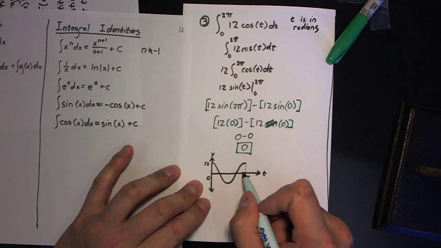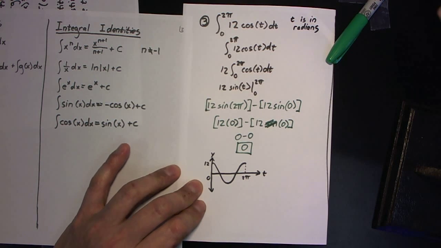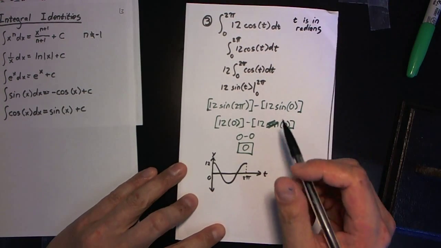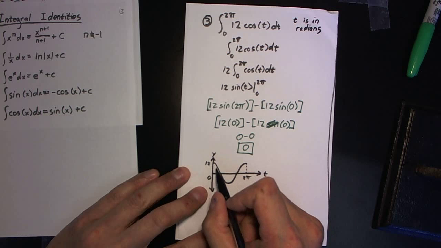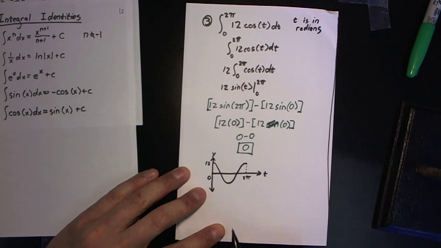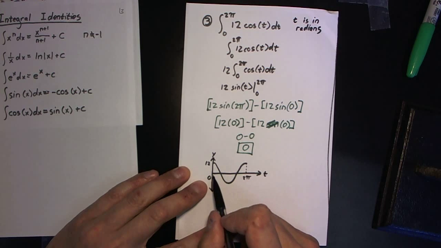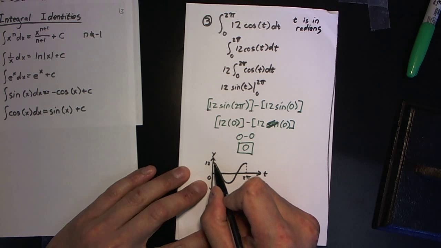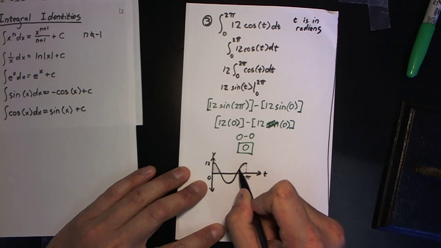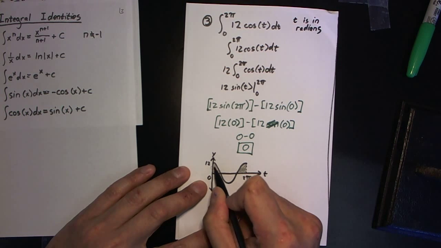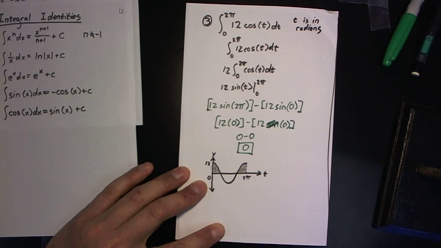And it looks like the area here is not 0. But if you remember all the way back to day 1, lesson 1, the rules of integration, there are positive areas and there are negative areas. If we are integrating from left to right, which we almost always will be, then the areas above the curve are positive. So the areas that I'm shading here with this pencil, that's a positive area.